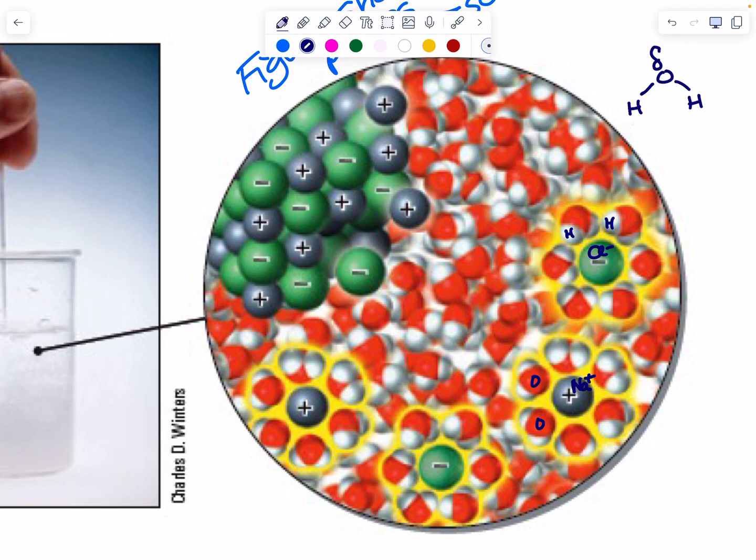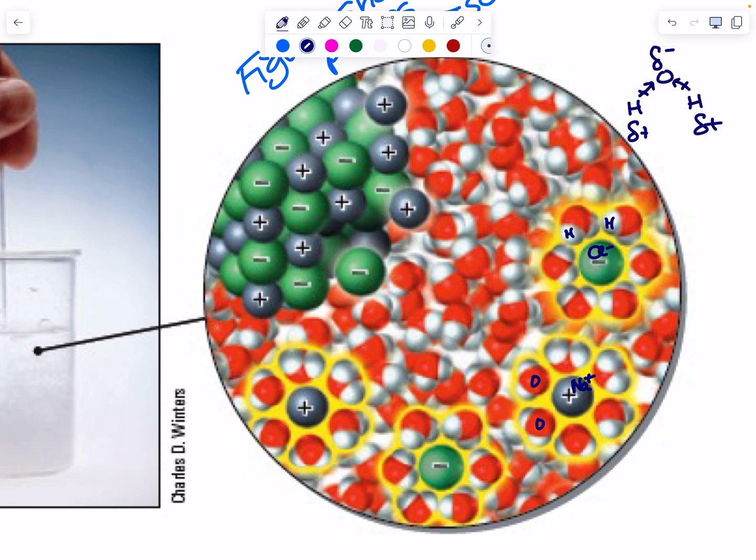So these bonds are going to be polarized, and we have these little bond dipoles pointing towards the oxygen. So the oxygen is going to have a partial negative charge, and the hydrogens are going to have partial positive charges. This is one of the reasons why a lot of ionic compounds dissolve in water.